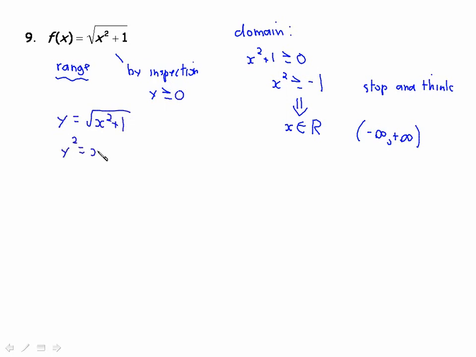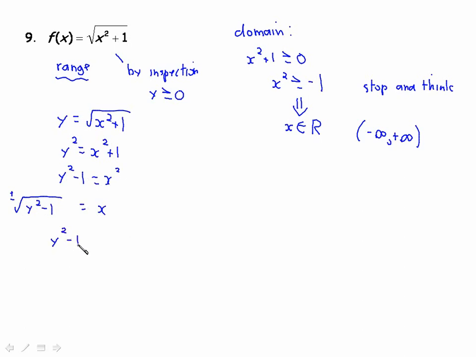So y squared is equal to x squared plus 1. So therefore, y squared minus 1 is equal to x squared. So x, when we take the root of, is equal to plus or minus the root of y squared minus 1.